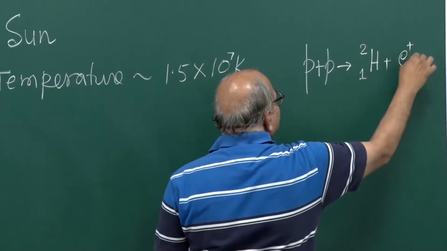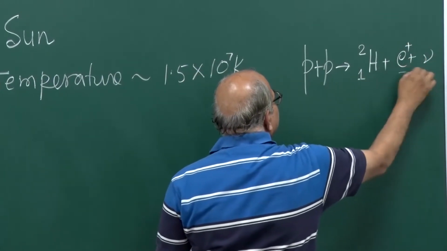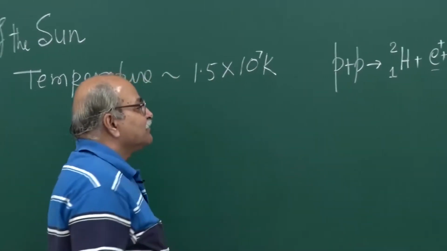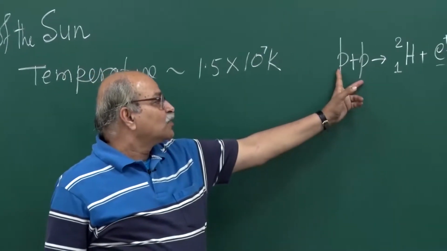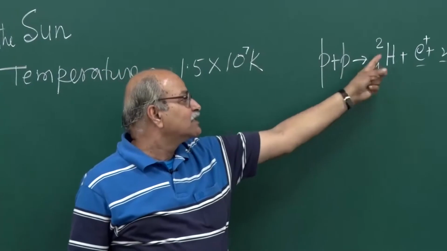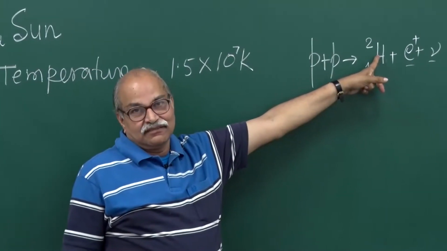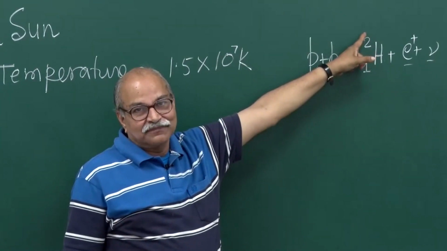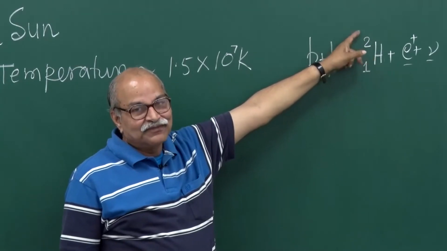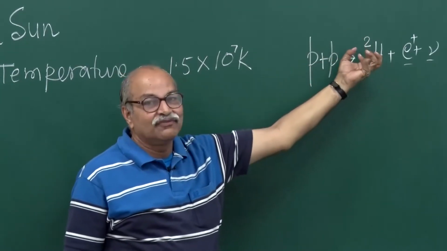So some positron and some neutrino, these small particles, are created. The important part is two protons must form a nucleus of one proton and one neutron. So that's the kind of nucleus to be formed.